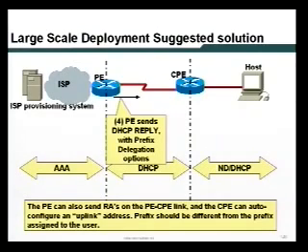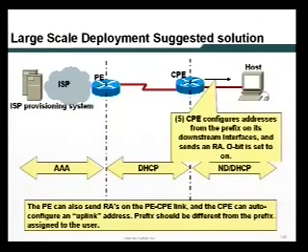The PE router, based on the information that it got from the RADIUS server, is going to send a DHCP reply saying, "Okay, here is your prefix that you can use, a /48, for example." The CPE router takes that /48, cuts it in pieces however it decides to, and assigns those pieces to its own interfaces. So each of its interfaces will now get a slice of that /48, or whatever it was that it received from the ISP.